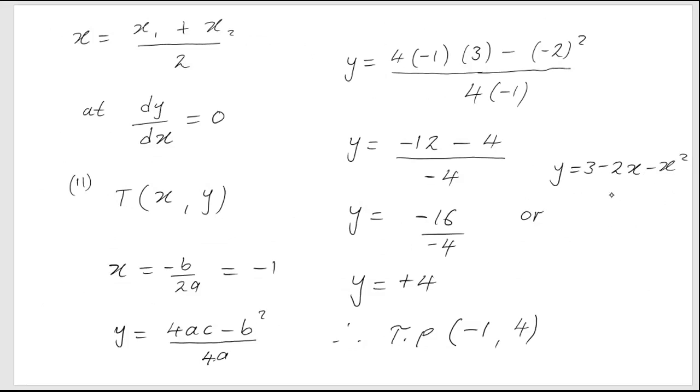So where there is x, you put negative 1, because that is the value of x. So y is equal to 3 minus 2 in brackets negative 1, minus negative 1 squared. Negative times negative gives us positive 2, then minus negative 1 squared gives us positive 1. So y is 3 plus 2 minus 1, which gives us positive 4. So that is another way you can find the value of y.